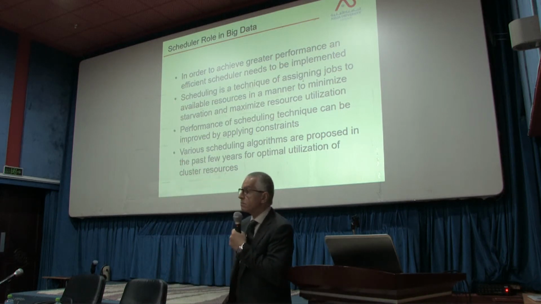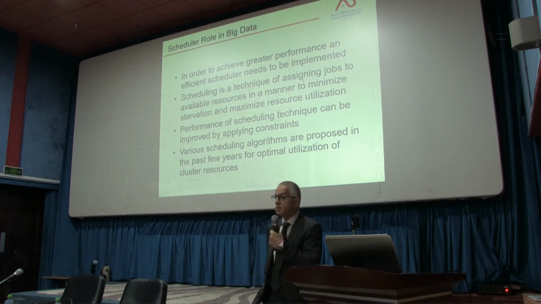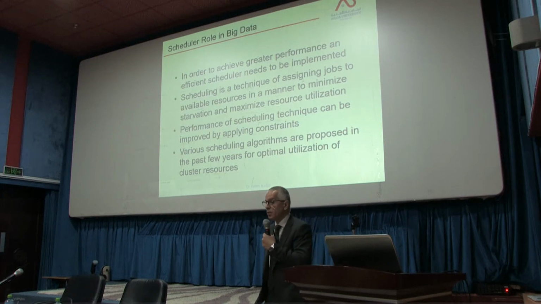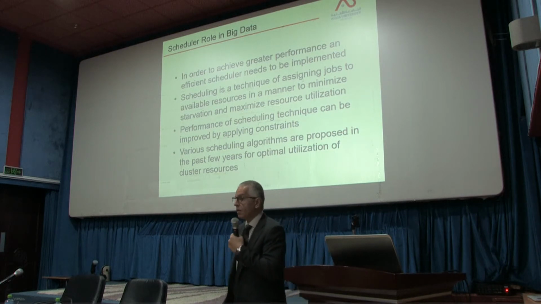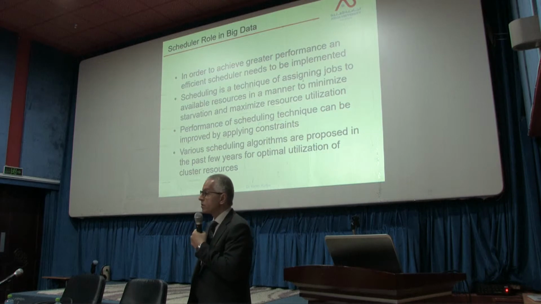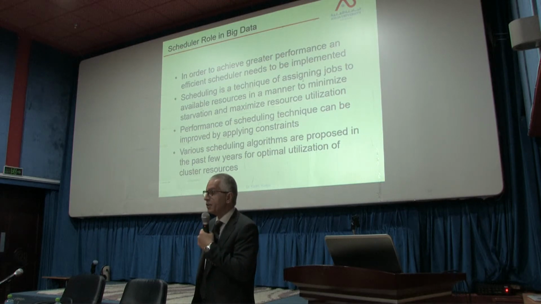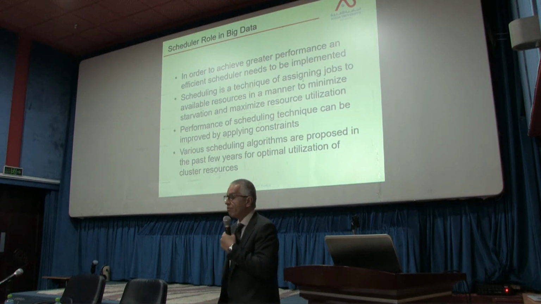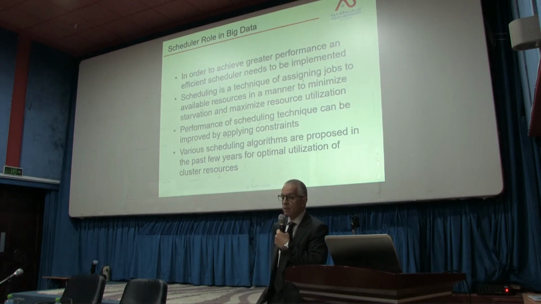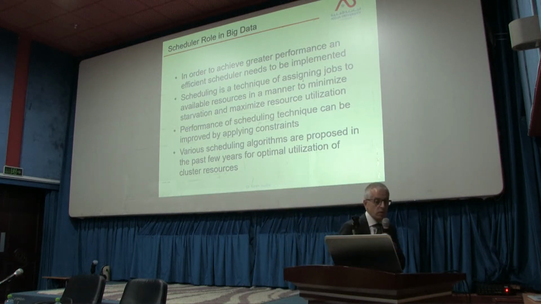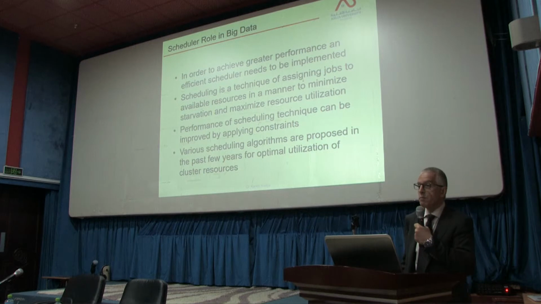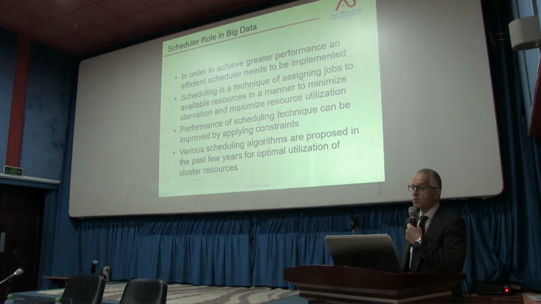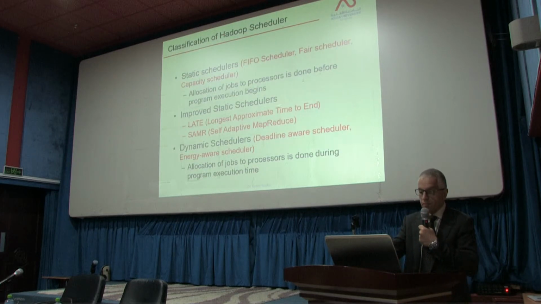You want to assign them in a way that optimizes the results, because sometimes you want the data to be treated in real time, and you have a flow of data that is coming as a stream. So if you have a bad scheduler, of course, the performance of the big data will fail, or at least will give bad results.